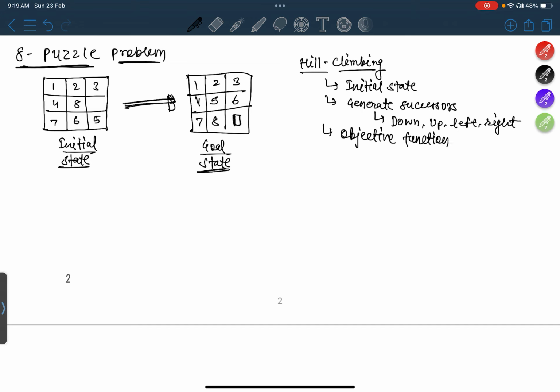So what objective function do we decide? So let's decide that the objective function is the Manhattan distance.